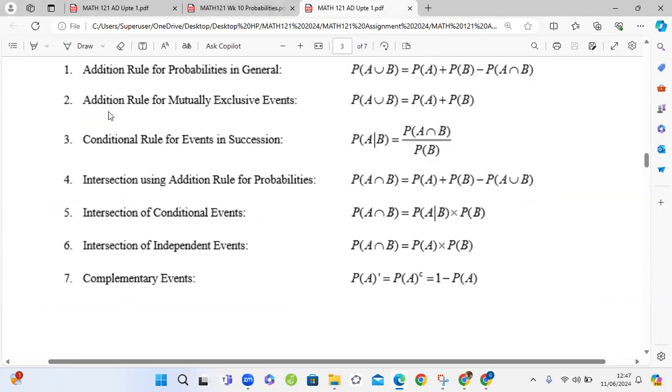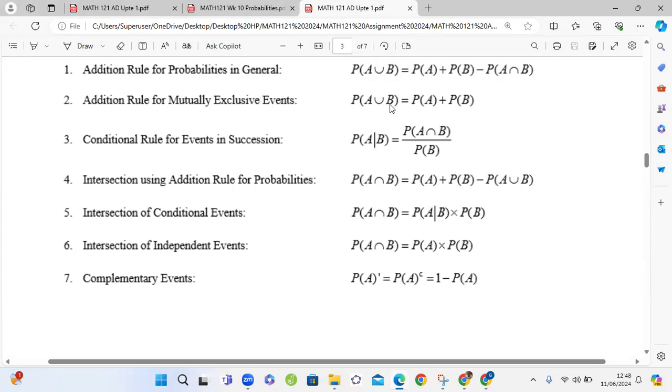Folks, you only use formula number 2 if mutually exclusive is mentioned in the question. So if mutually exclusive is not mentioned in the question and you want to find union, you've got to use formula number 1. Since mutually exclusive was not mentioned in this question, we have to use formula number 1 to find the union of A and B.